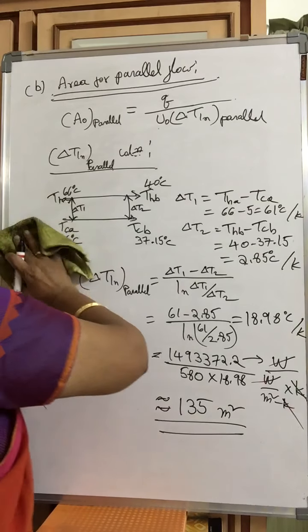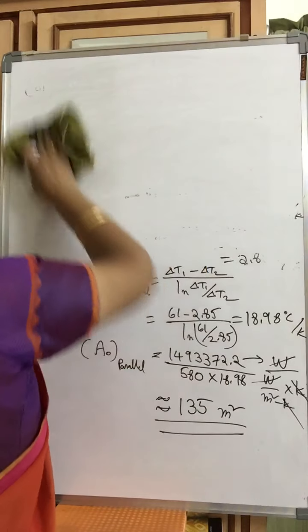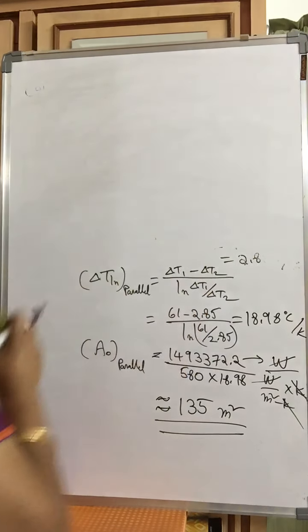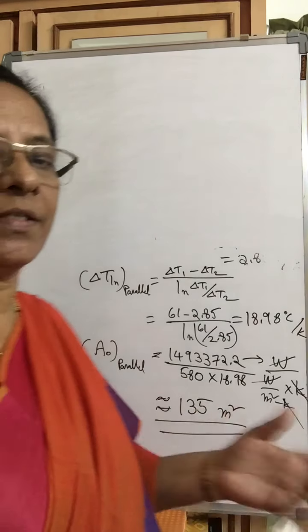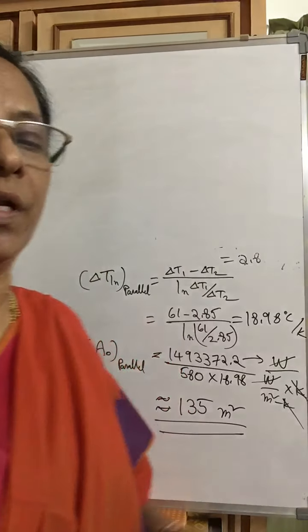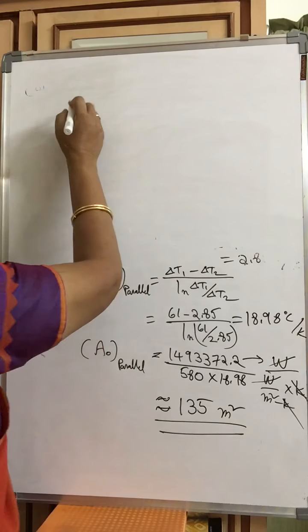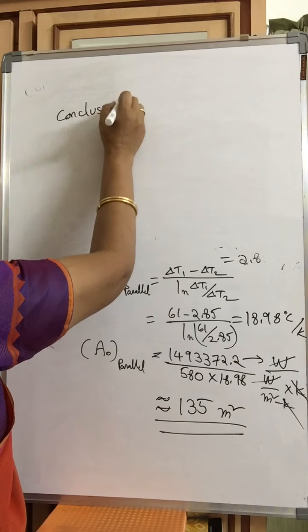Okay. So now finally, just 2 minutes, we will compare. Through these problems we will understand some concept. That is through numerical values we can come to one conclusion. That is what is your conclusion here in this problem?